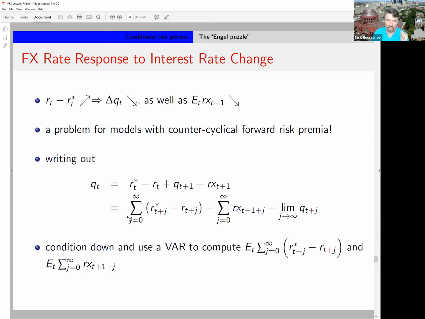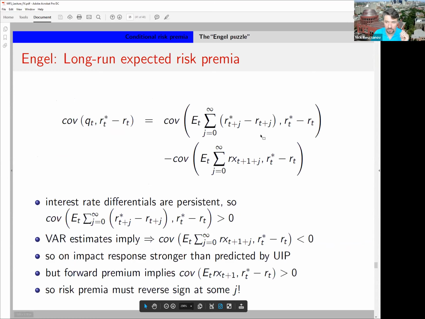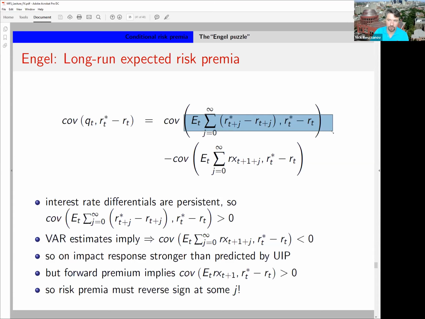Using a VAR to compute the impulse responses to the future interest rate differentials and future excess returns gives you this variance or covariance decomposition, where we see that as long as interest rate differentials are fairly persistent, the first component, the covariance of interest rate differentials with future interest rate differentials, is positive.